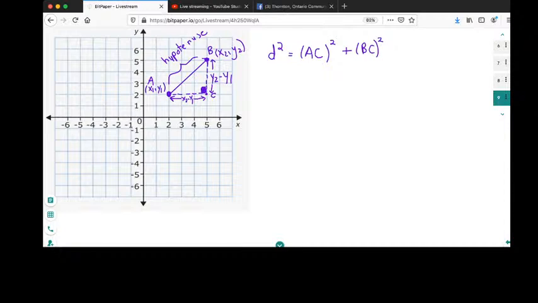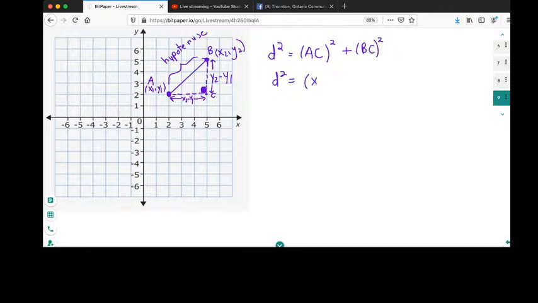So in the context of this question, like I was saying, we labeled A as x1, y1. We labeled B as x2, y2. So the way that we can solve for the distance is actually by doing this.